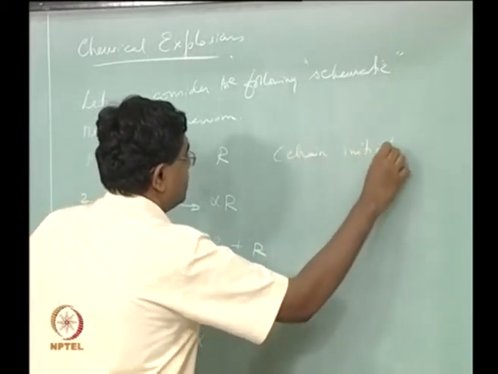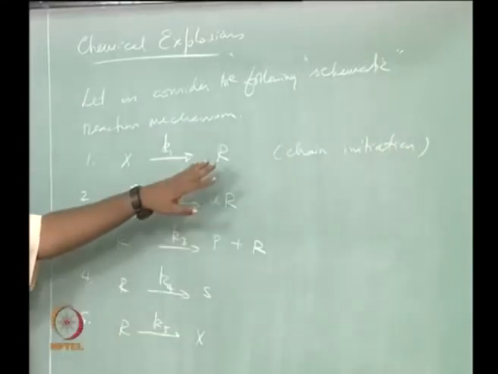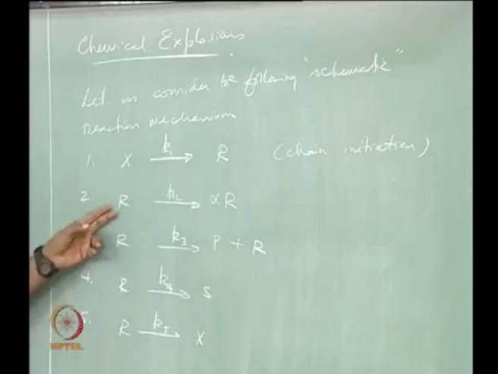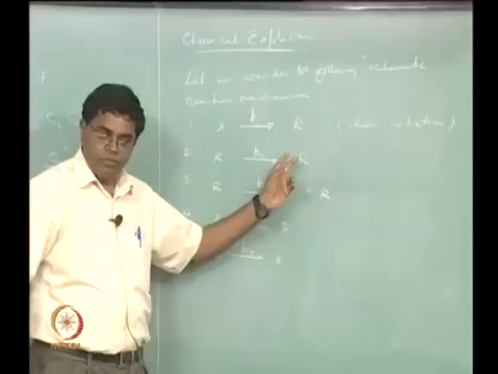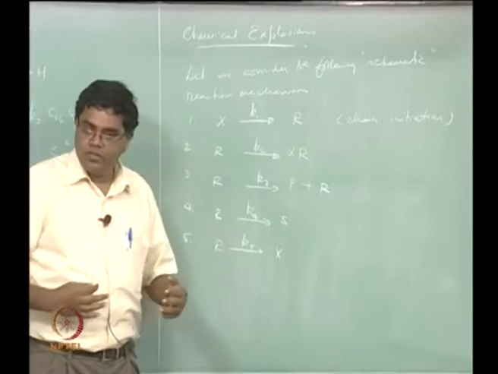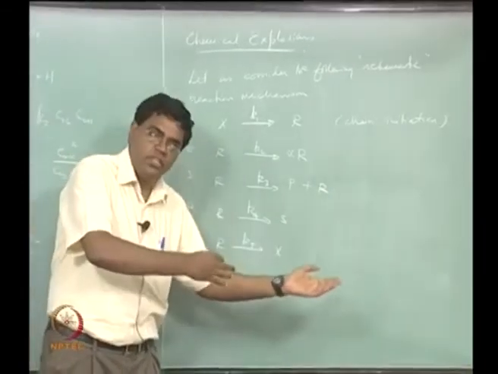initiation step, right? Because this is the birth of an intermediate. R is the intermediate that we are looking at. R becoming alpha R for alpha greater than 1 means we are now branching more and more. So this is like some intermediate giving rise to more intermediate, right?